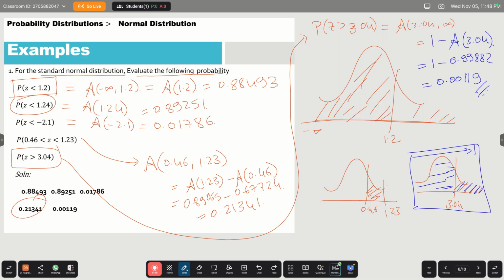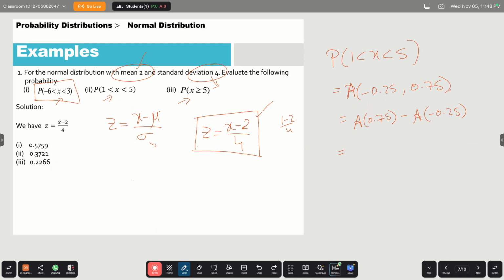When you substitute those two values, 0.77737 minus 0.40129, you will get approximately 0.372.